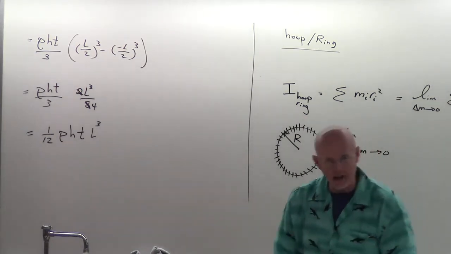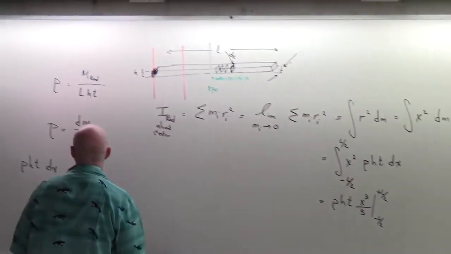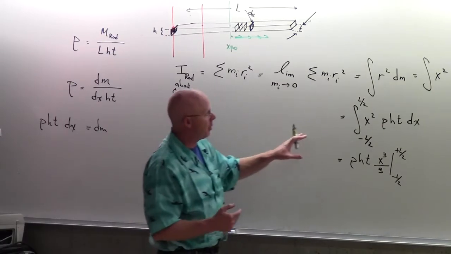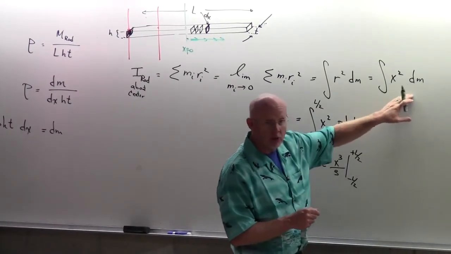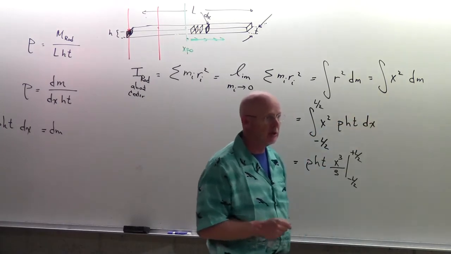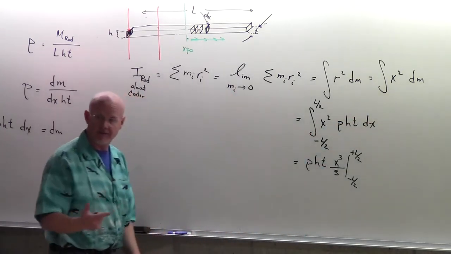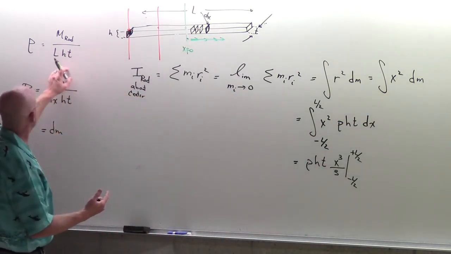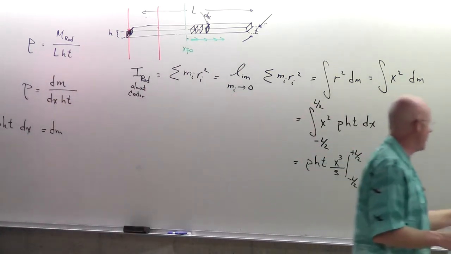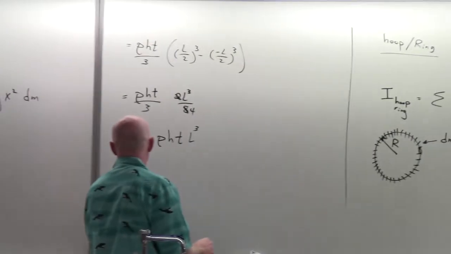And then one last step, which might be the easiest one finally, is to remember that we introduced density in here in order to actually do this integral. We needed a connection between the x's and the m's. So let's get rid of the density before we finish, and that's where we can think of the whole mass. So then I get a 1/12.